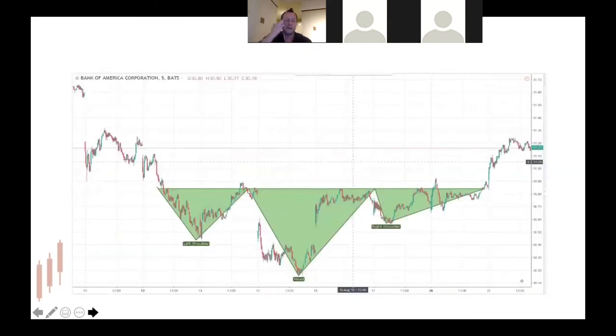Okay, so here, this encapsulates what we call an inverse head and shoulders, okay? So this is bullish behavior. So a head and shoulders pattern doesn't necessarily need to be evincing bearish behavior 100% of the time.